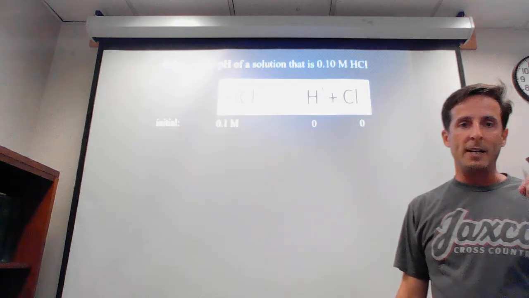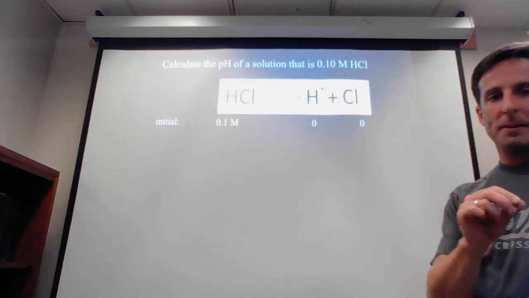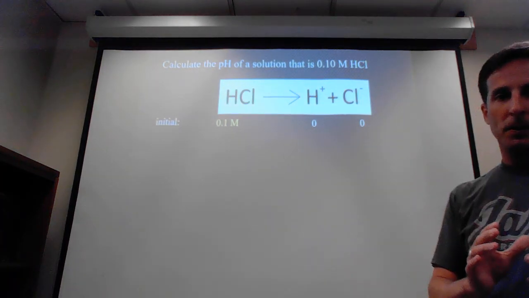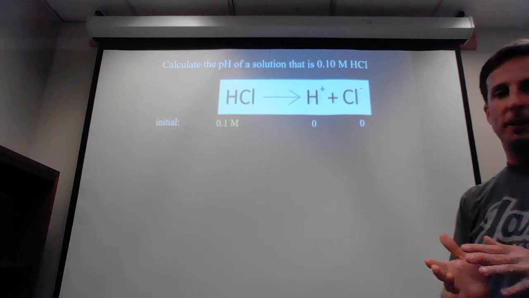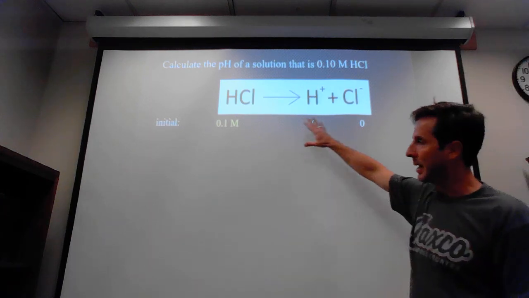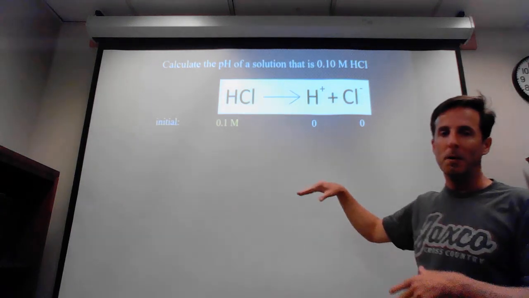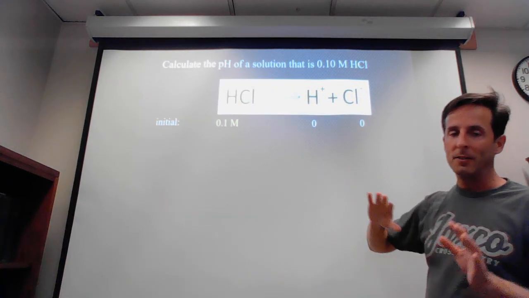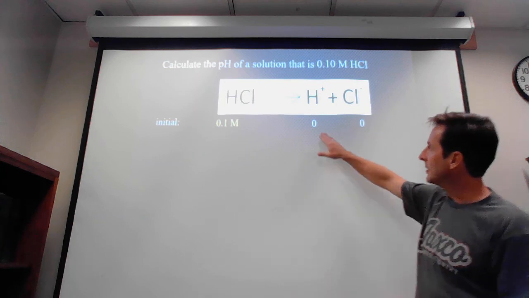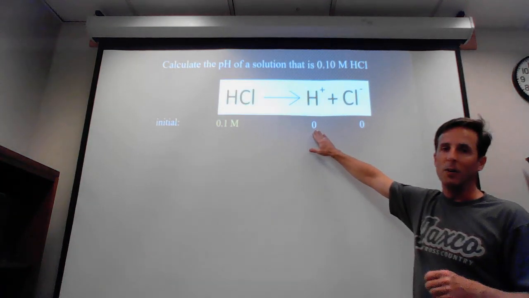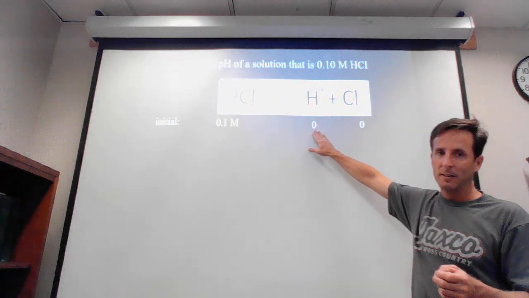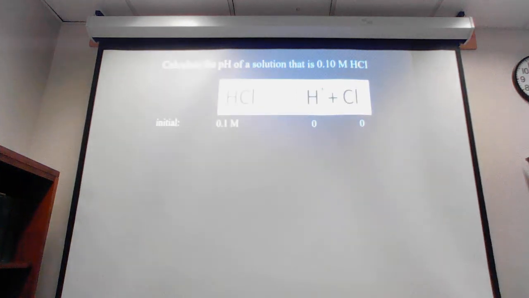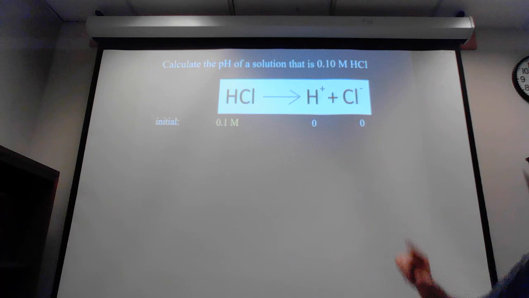If you remember, the H3O concentration in water is 1 times 10 to the minus 7 molar. That's a tiny number, so it's probably going to be insignificant, meaning the amount of H plus that I make from this reaction is going to be a much larger number than what I already had. So normally, even though it is an assumption, I assume that this number is 0, even though in reality, it's not. It's a tiny, tiny number. Okay? We will explore at some point an example where that assumption might get us in trouble.